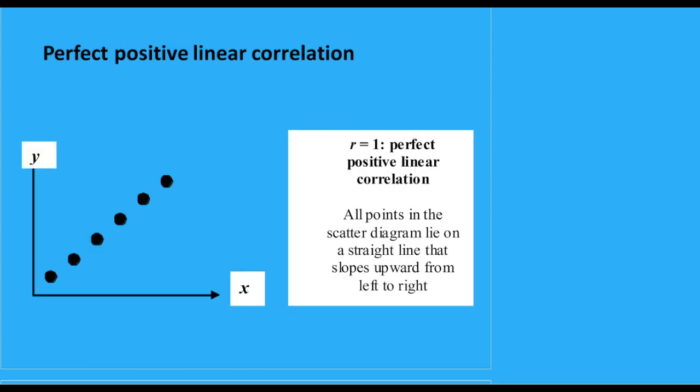Okay, let's look at this scatter plot between x and y. You can see that this is a perfect relationship, where as the value of x increases, the value of y also increases. When all of the points in the scatter diagram lie on a straight line with an upward slope, this is called a perfect positive linear correlation, and our correlation coefficient, r, would be equal to 1.